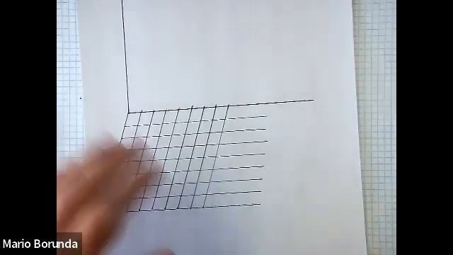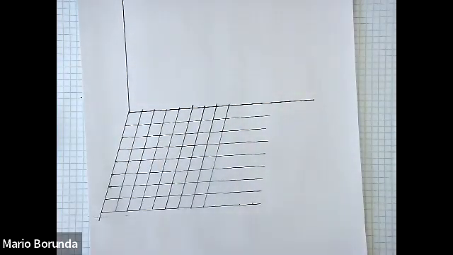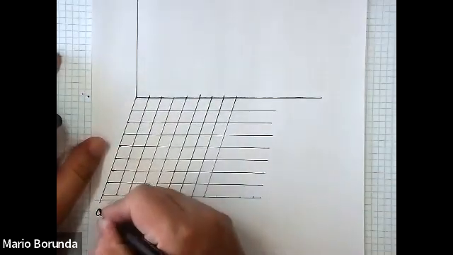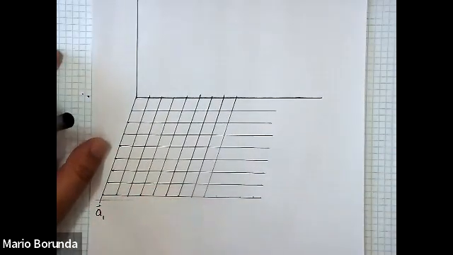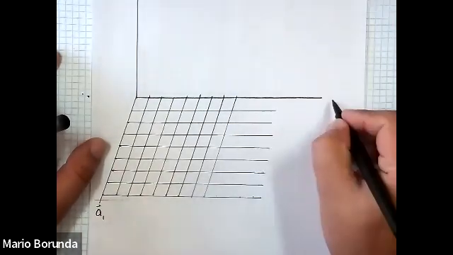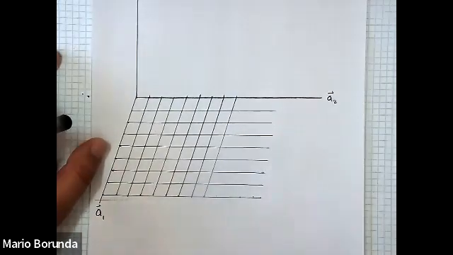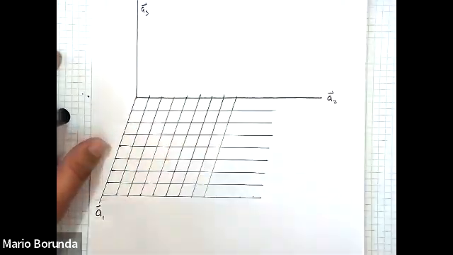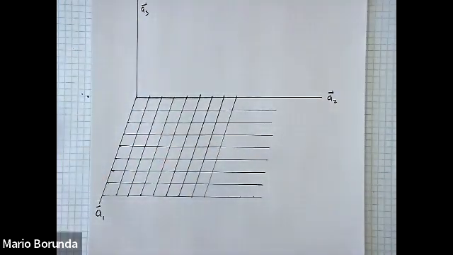What I want to do is the following. We have A1 in this direction. For this case, I'm going to make A2 in this direction, and then A3 is in this direction. Questions? So this is a cubic lattice, right?